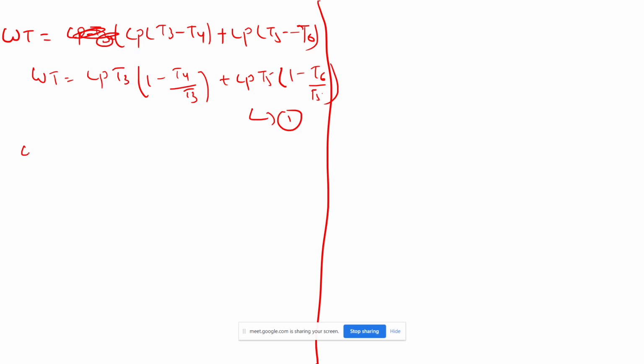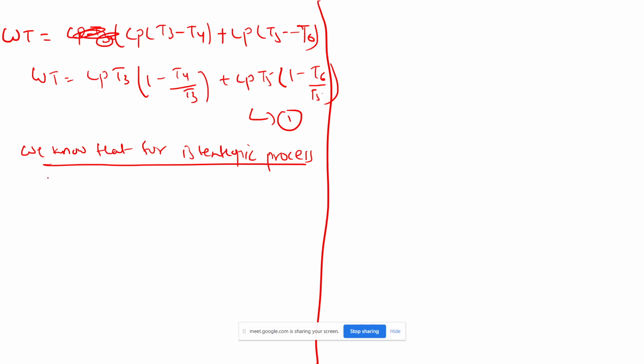Now we know that the expansion in the turbine is an isentropic process.